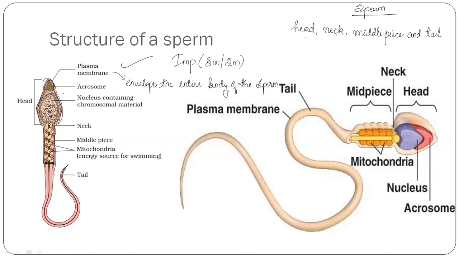Now, the sperm head contains this part. The sperm head contains an elongated haploid nucleus. An anterior part is covered by a cap-like structure called the acrosome. Can you see here, students? It is called the acrosome, a cap-like structure.